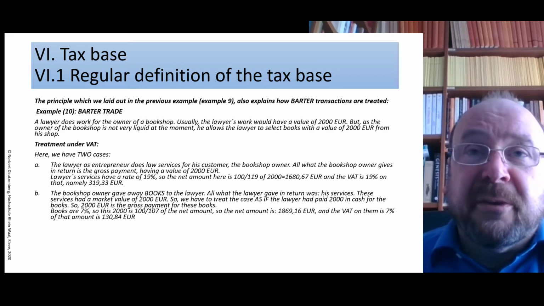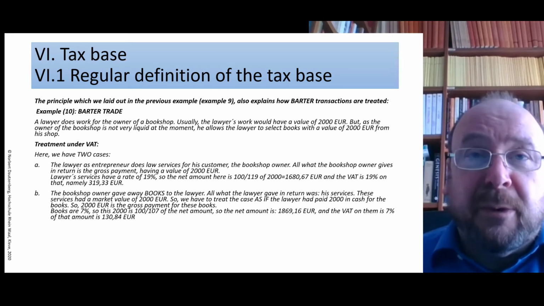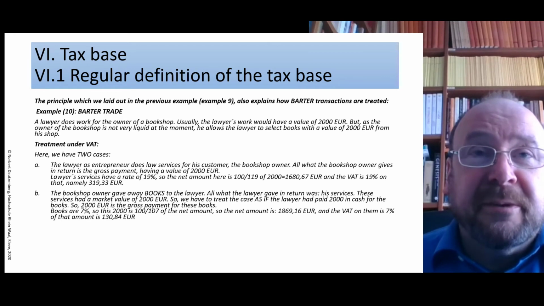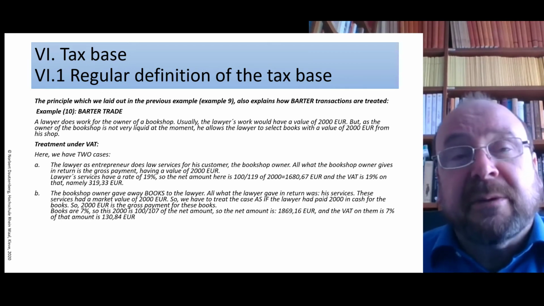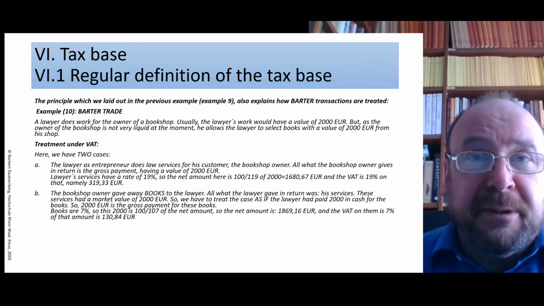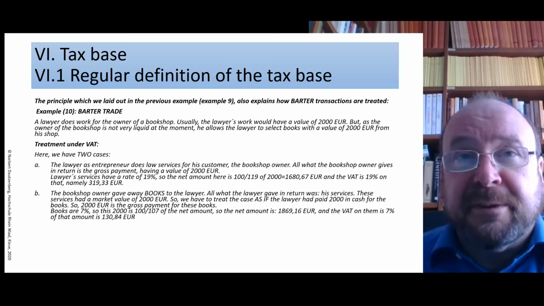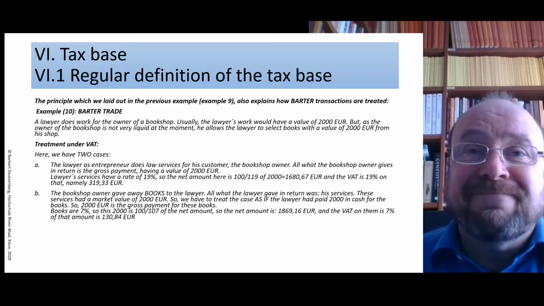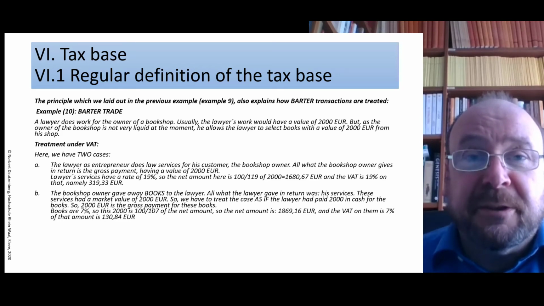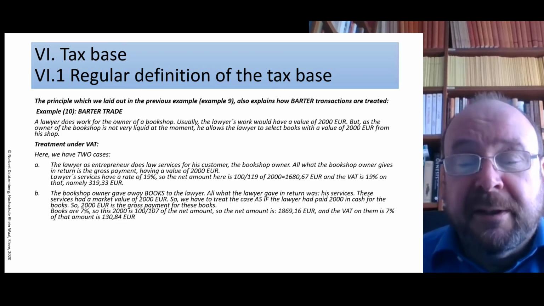Now, the 2,000 gross amount for books is 107% of the unknown net amount for the books, because the tax rate for books in Germany is only 7%. So 2,000 is what the bookshop owner got. Do as if he or she got that only in cash.